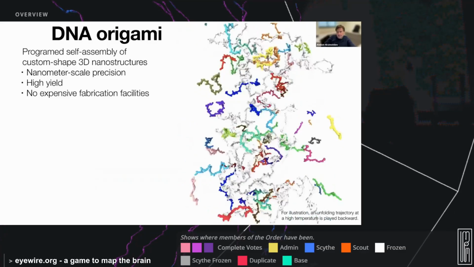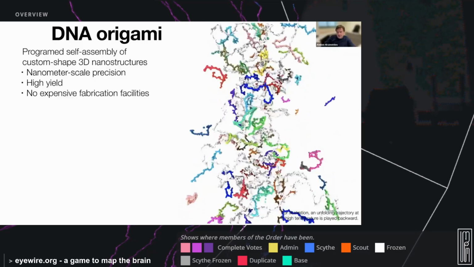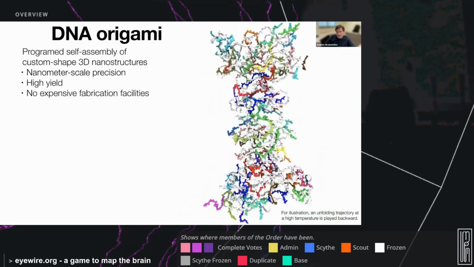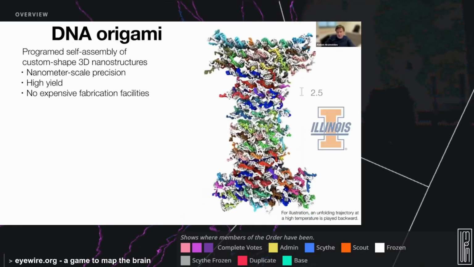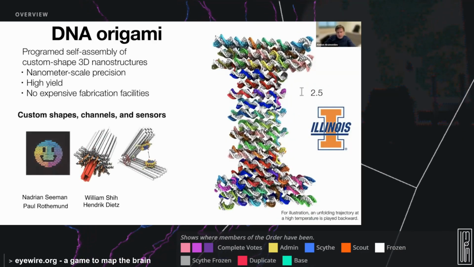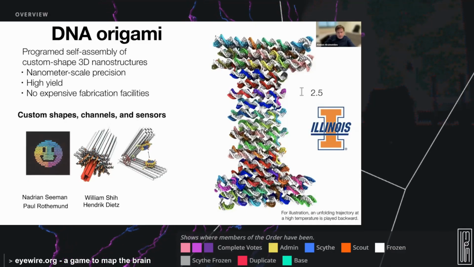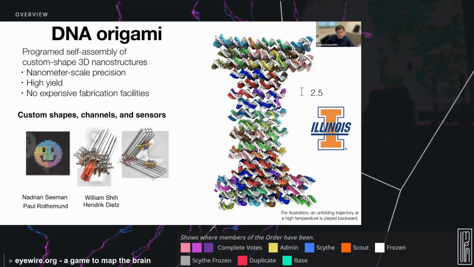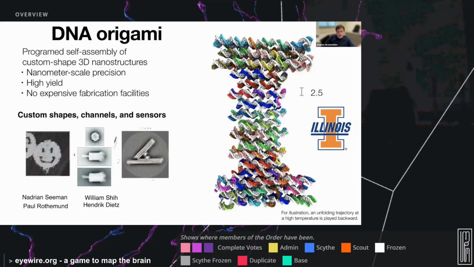And there's a short movie that illustrates how you would potentially build a logo of the University of Illinois by self-assembly. So the method works really nicely. Here are some examples of designs that were put forward and also how they turn out in experiment.